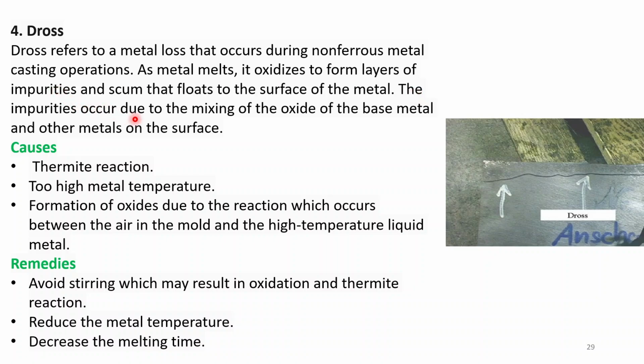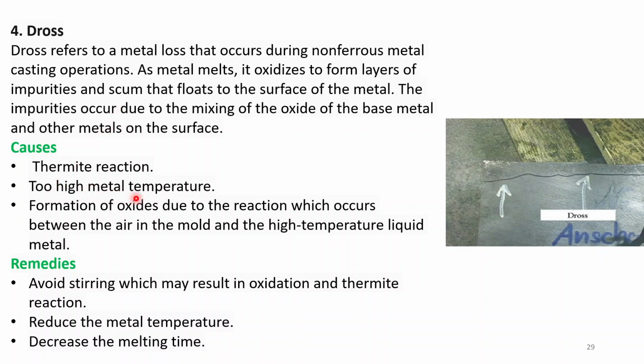And the impurities occur due to the mixing of the oxide of the base metal and the other metals on the surface. Cause is thermite reaction. So thermite reaction is one of the reactions that is related to aluminum. So that reaction can also create dross.